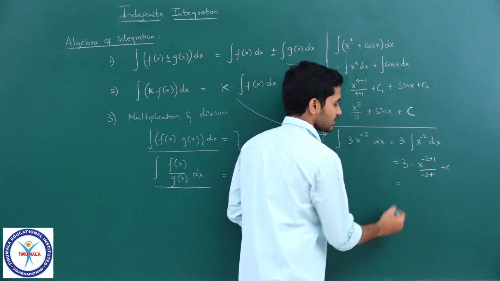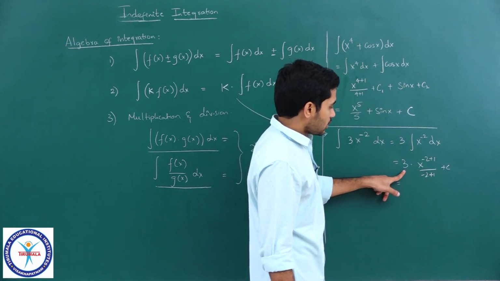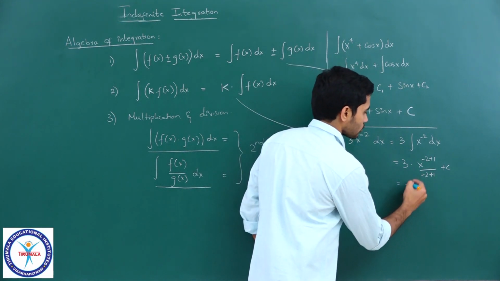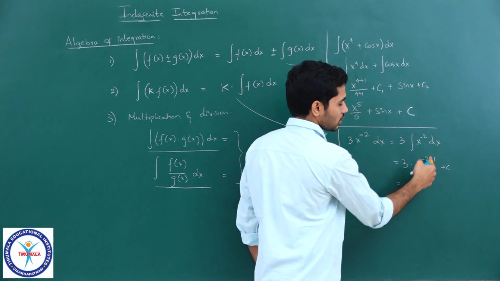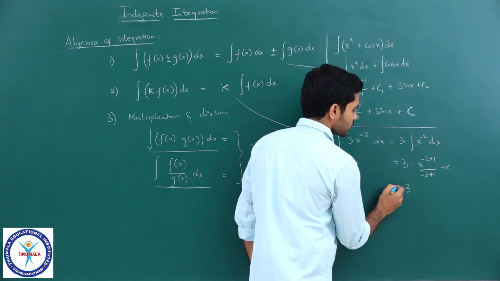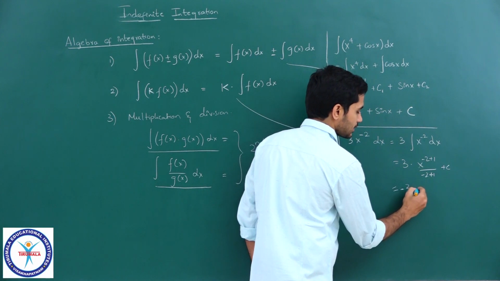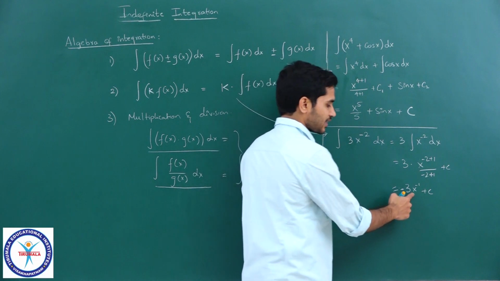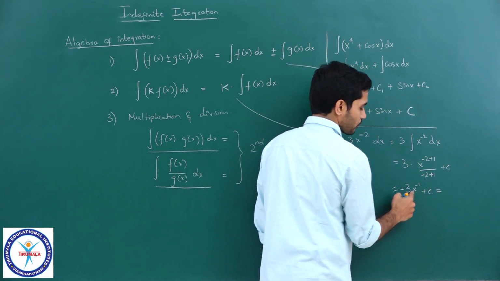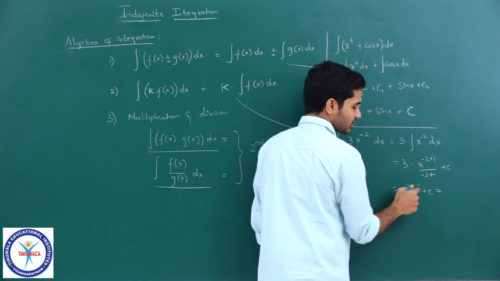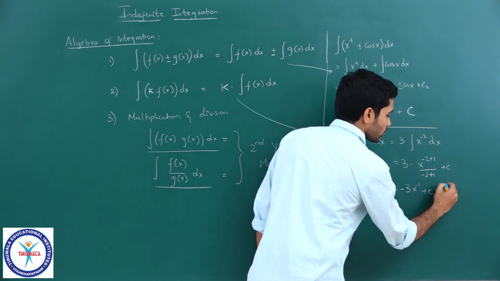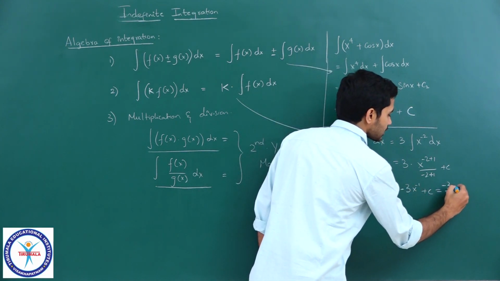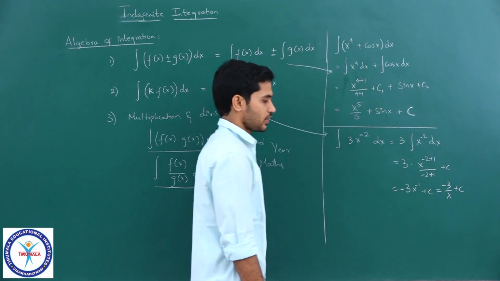So when I simplify this, what do I get? 3 into x power minus 1 by minus 1. So which gives me minus 3x power minus 1 plus constant, or you can write x power minus 1 as 1 by x, correct. So this becomes minus 3 by x plus c.